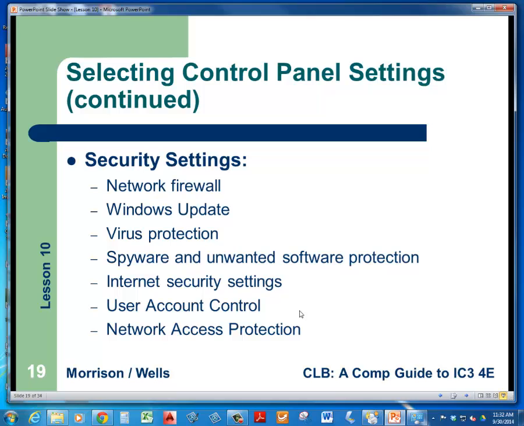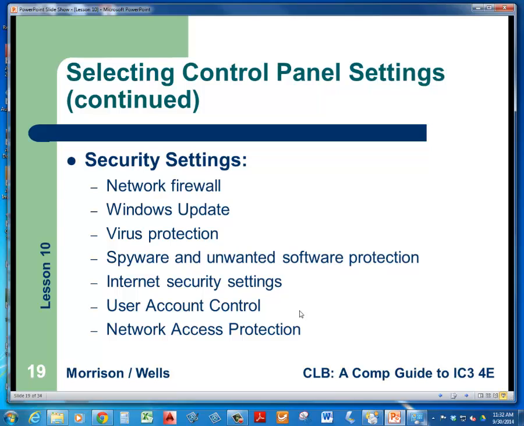Security settings. Occasionally, on your personal system, you'll have to turn a network firewall on or off and choose how much protection you want. You need to decide how often you want Windows to do your updates, whether you want them to do automatic or whether you want them to be when you manually want it.